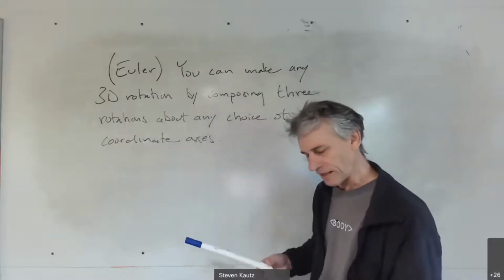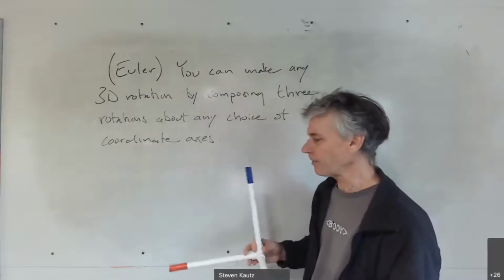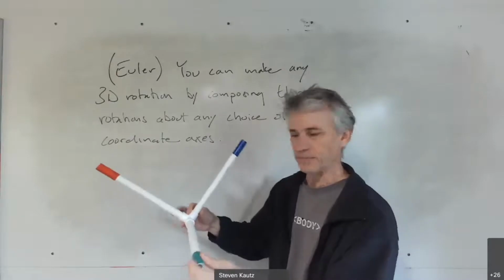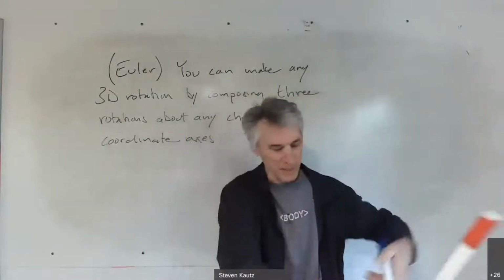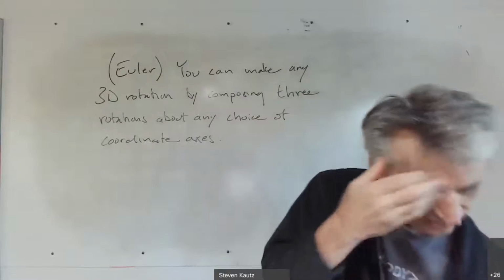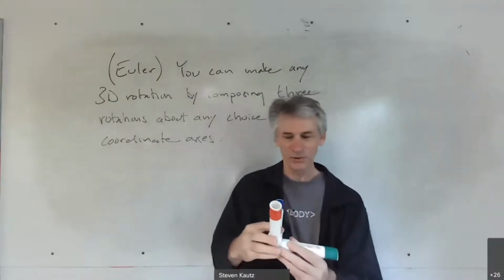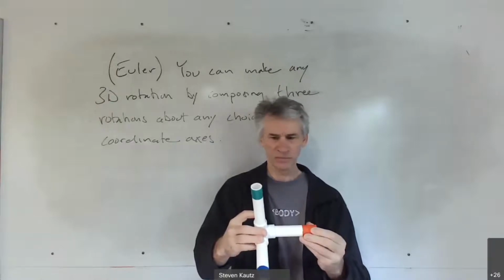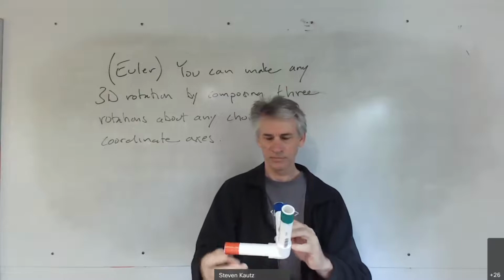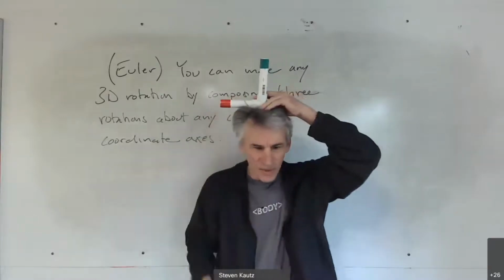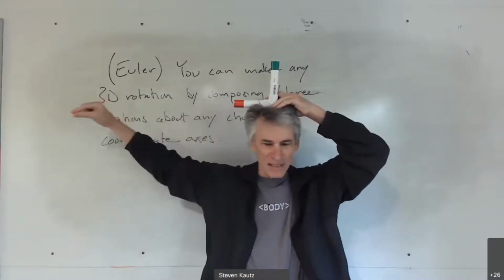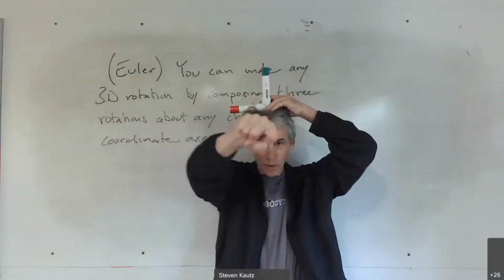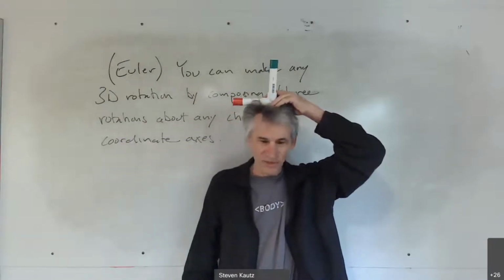And the classic example of describing a rotation with Euler angles is, can you see it if I put it on my head? Let me get the little one. Like this. All right, so I have my x-axis going that way and my y-axis going that way, and I'm looking in the negative z direction, right?